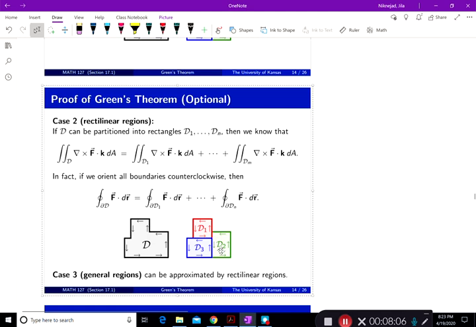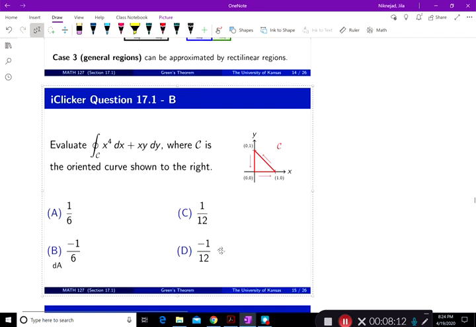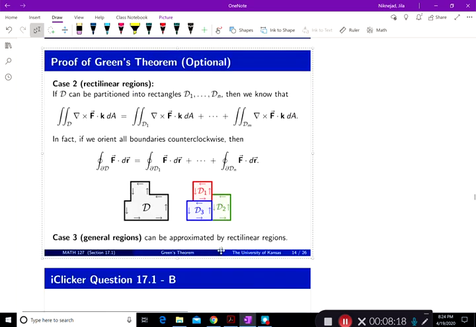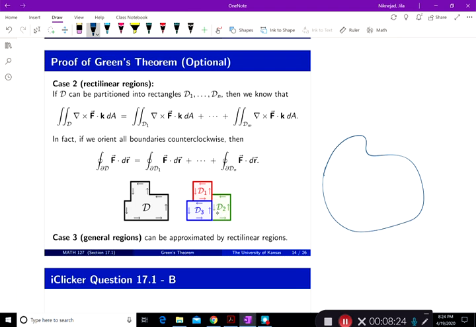And so what do we do with the general region now? Now that we have everything, if we can break it down into rectangles, what do we do with the general region? Basically, the general region becomes a limit. You can break down any general region, and we're going to come back to that, into rectangular regions, and then we find the limit.